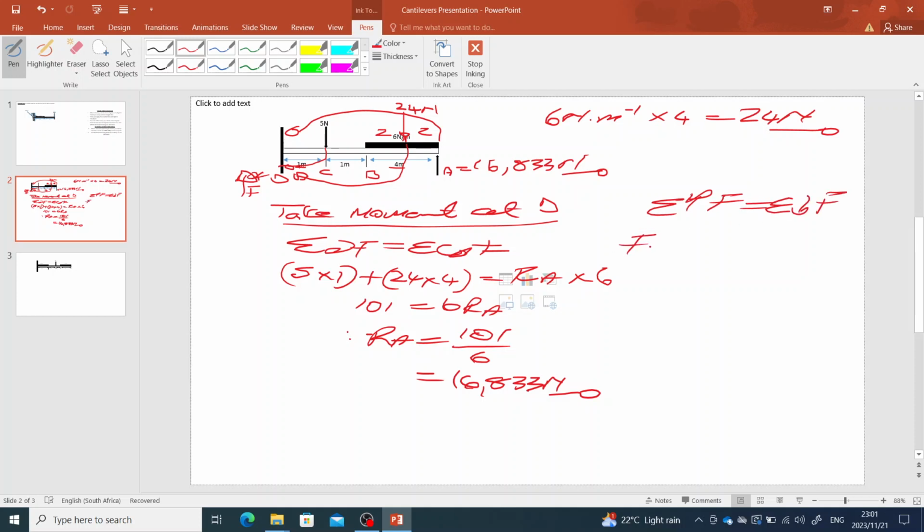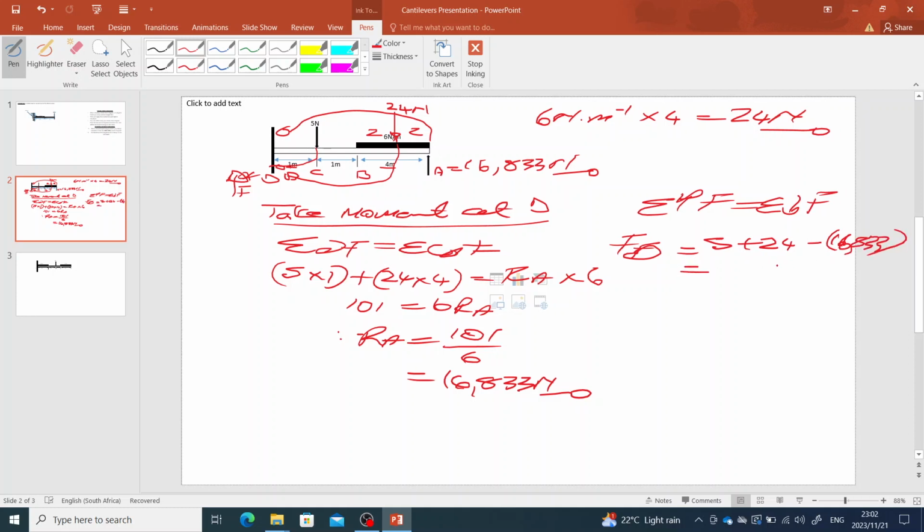Now, force fixed or force D equals 5 plus 24 minus the calculated one, 16.833. Then I get my answer as 29 minus 16.833, which gives 12.133.